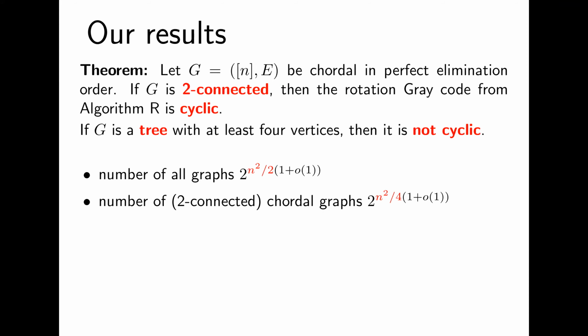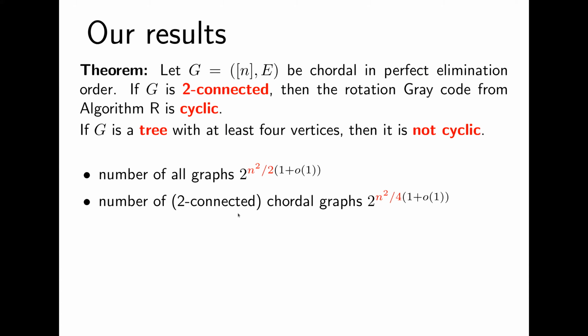Now I just want to mention two numbers to give you a bit of a feeling for how powerful or maybe not powerful this result is. The number of all n-vertex graphs is of this order of magnitude, 2 to the n squared over 2, with some hidden terms. Chordal graphs are in this order of magnitude. So it's substantially less, but it's still a substantial amount of graphs to which this result applies.